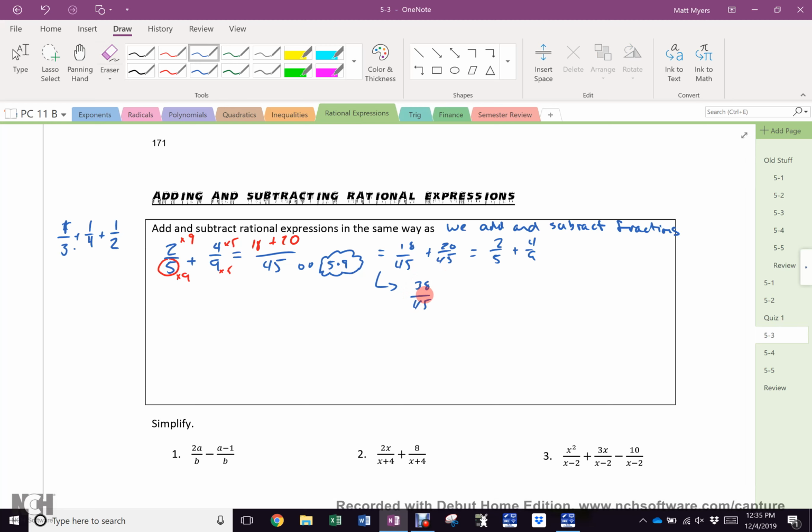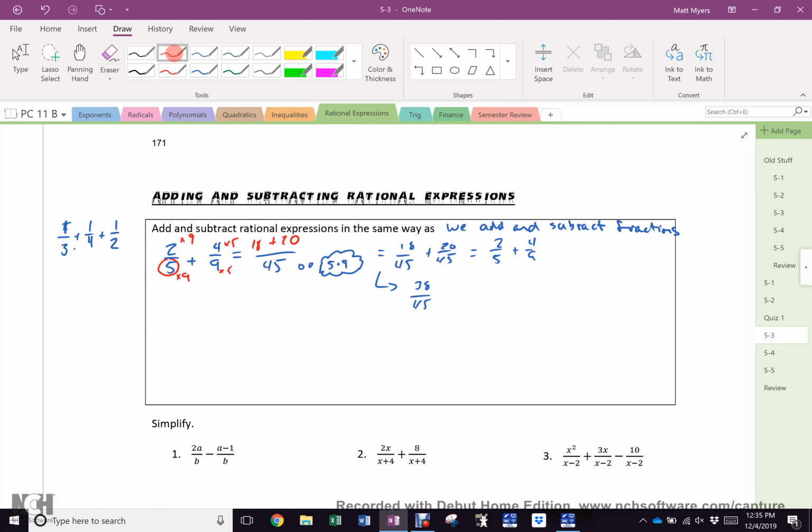Right? Okay. What's different in rational expressions? There can be polynomials and stuff in the bottom. Or the top, for that matter. Right? So, all we got to do is apply all of this knowledge, but instead of having a single number there, we've got a polynomial.